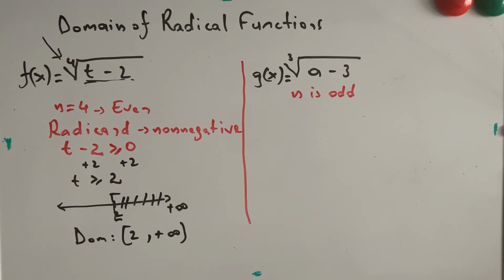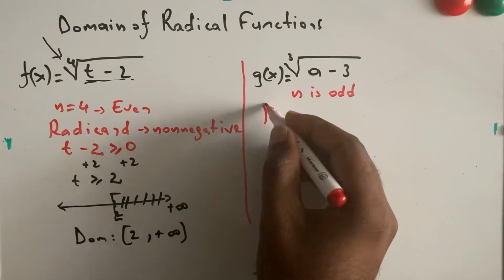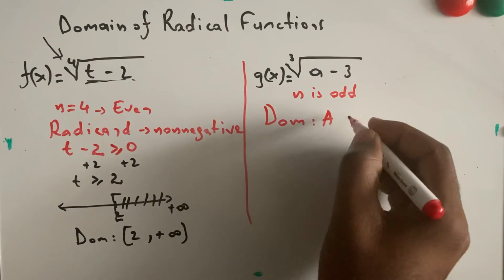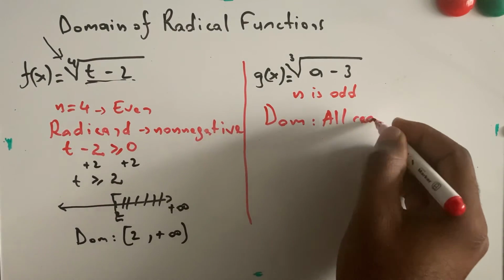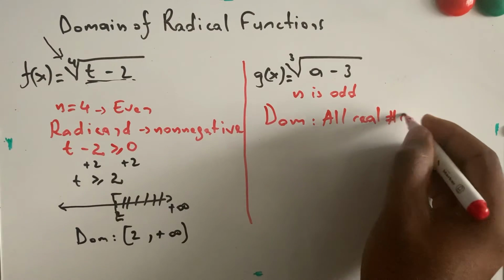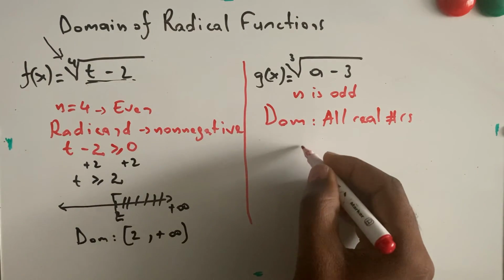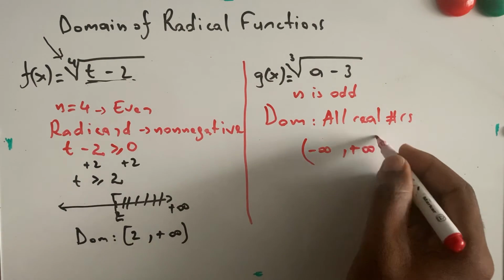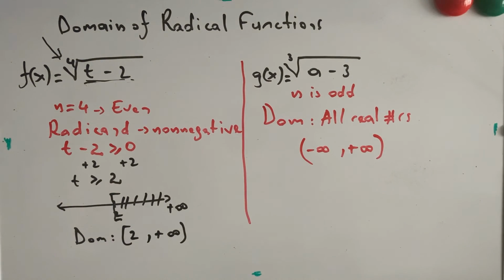It could be negative, could be positive, doesn't matter. It will still work. There will still be a value of y for any value of the input, which is a in this case, okay? So, therefore, the domain will be all real numbers. In other words, from negative infinity to positive infinity, because there's no restriction, you're taking all values, okay?